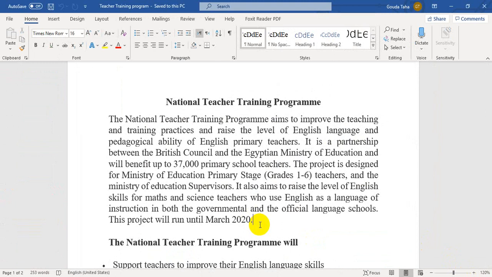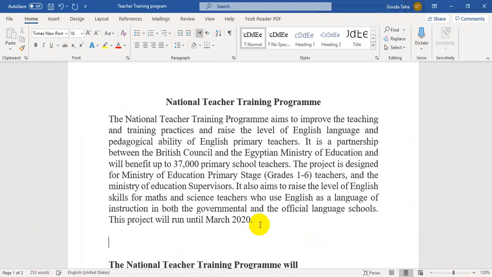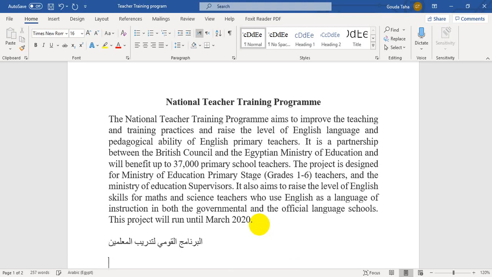So we could say, for example, here البرنامج الوطني والقومي لتدريب المعلمين. So let's divide this into units.